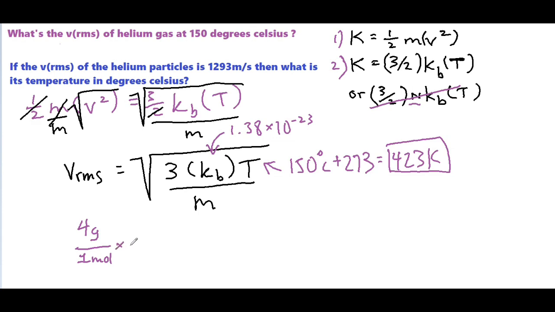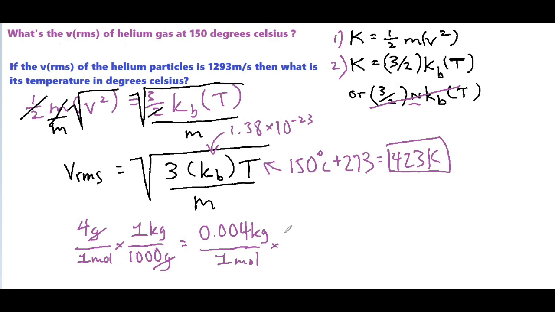First of all, we're going to change those grams into kilograms, which is basically dividing by 1,000. So now we have 0.004 kilograms per 1 mole.